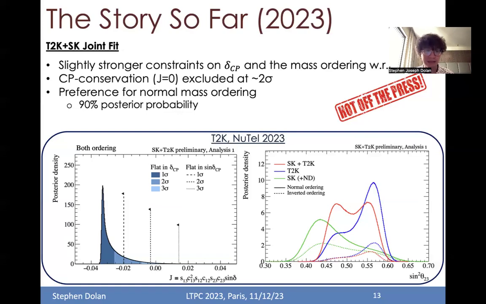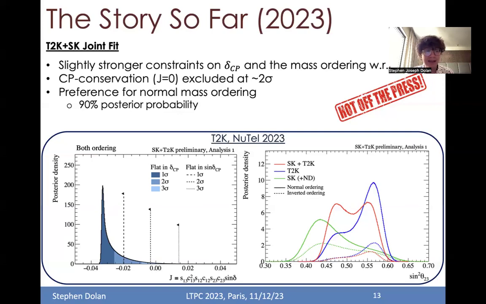This is represented in this plot below here, not looking at delta CP, but instead looking at the parameter J. This is the Jarlskog invariant. Now, this considers all of the oscillation parameters to give an overall metric for the size of the CP violation in neutrino mixing. And the key thing is if we can exclude 0, then that's a sign that we've got some CP violation. And you can see that we do exclude 0 at about 2 sigma.